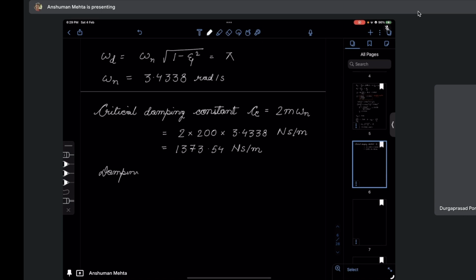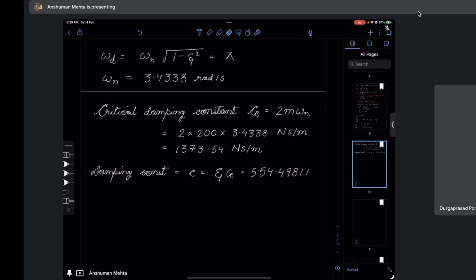Now we will move on and see damping constant, which is C is equal to zeta into Cc. So this is what is asked in the problem statement, C. The solution is C is equal to 554.498 Newton second per meter.